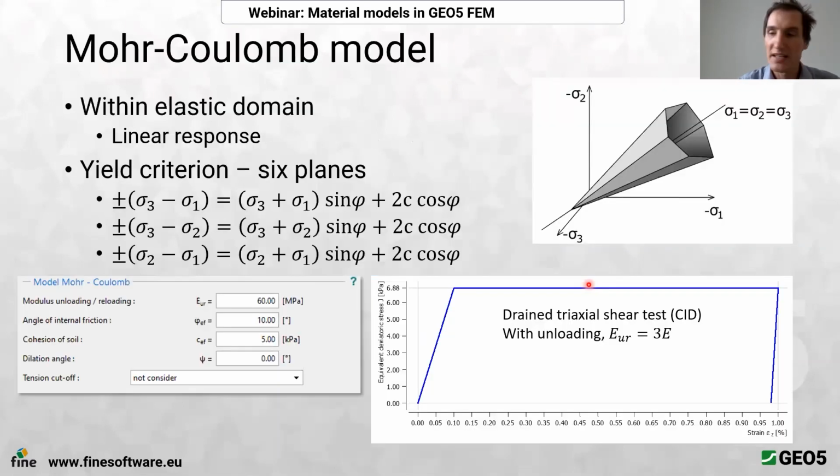Then we have elastoplastic models, and I would say the most commonly used model in geotechnics is the Mohr-Coulomb model, which has some elastic domain, which is within this cone. The cone is defined by these 6 yield criteria, and you have to enter angle of internal friction and cohesion.